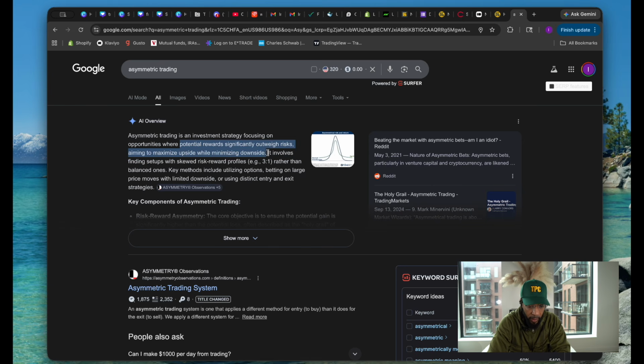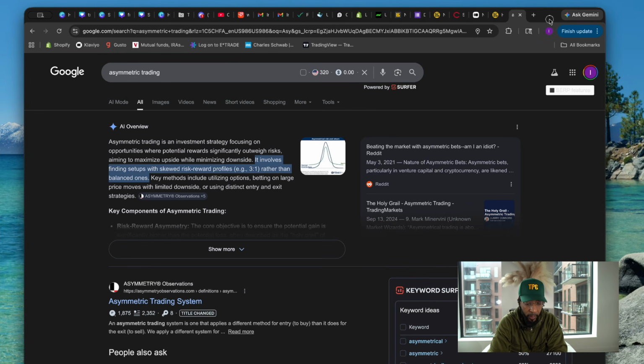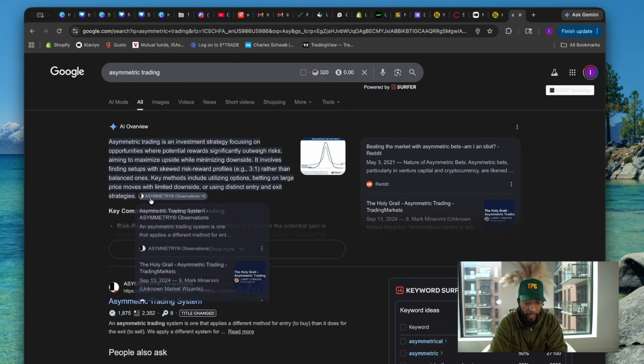Okay? It involves finding setups with skewed risk to reward profiles, 3-to-1 rather than balanced ones. Key methods include utilizing options, betting on large price moves with limited downside, or using distinct entry and exit strategies, right? AKA the strap method when they're talking about entries and exit strategies.